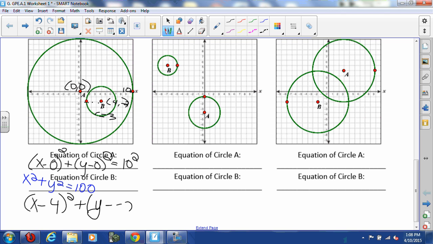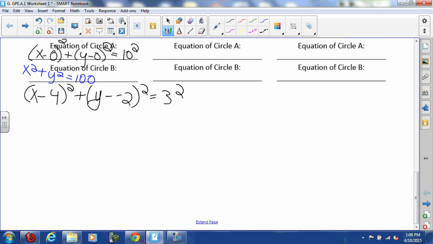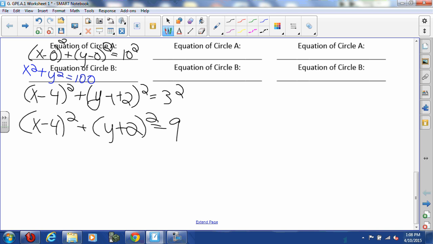Negative 2 squared equals, what's my radius? 3 squared. I always start like that and then I make it pretty. x minus 4 squared plus y plus 2 squared equals 9.